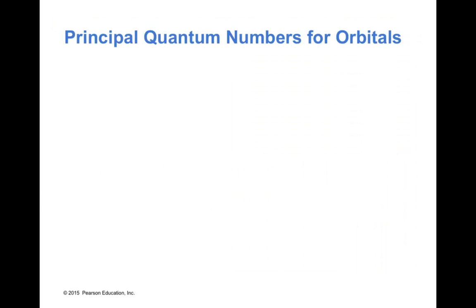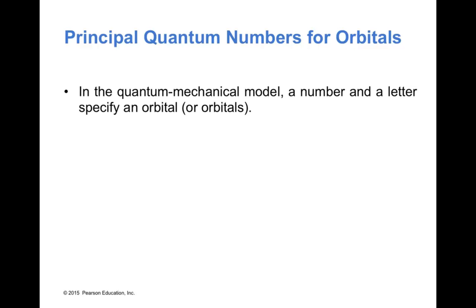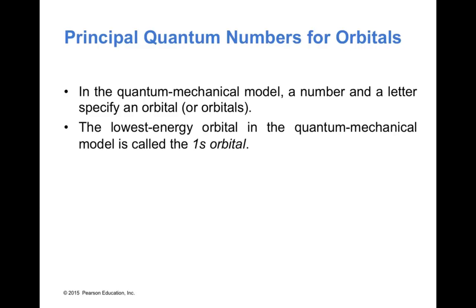Let me introduce some concepts that will be useful on quantum mechanical models. In the quantum mechanical model, a number and a letter specify an orbital or orbitals. The lowest energy orbital in the quantum mechanical model is called the 1s orbital. It is specified by the number 1 and the letter s.